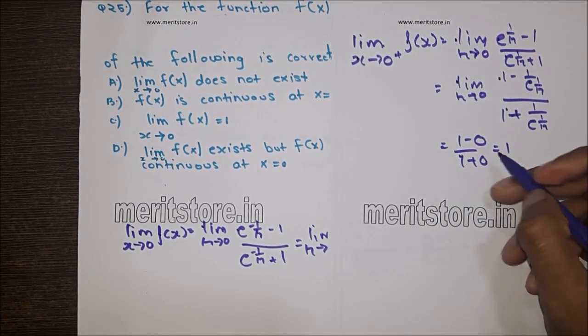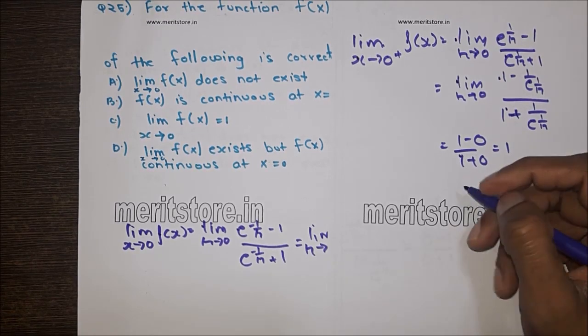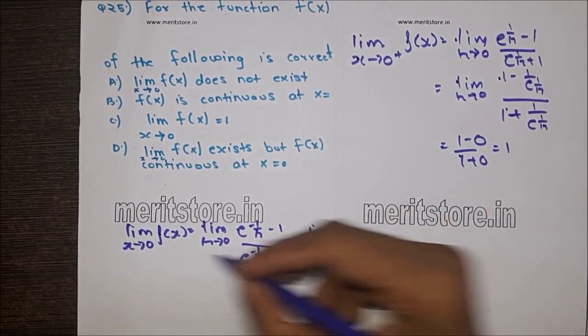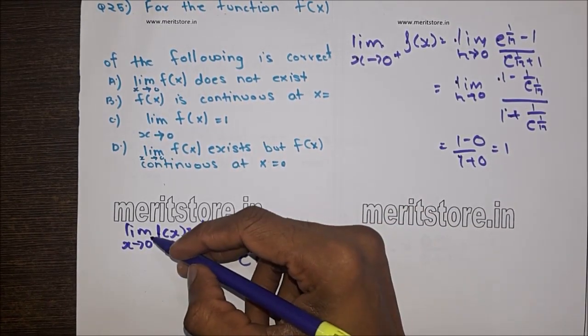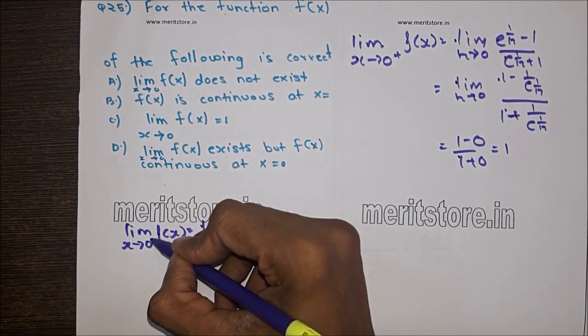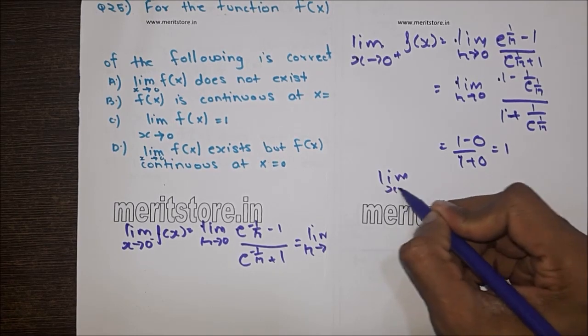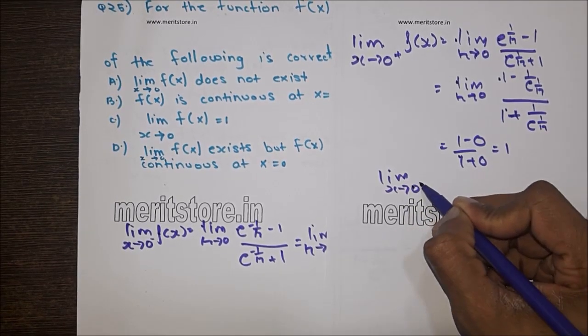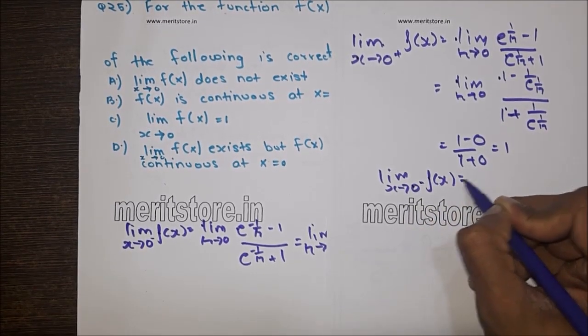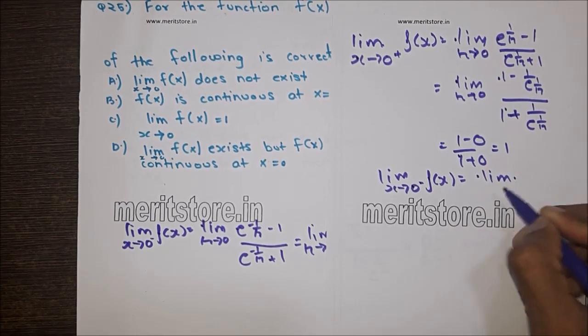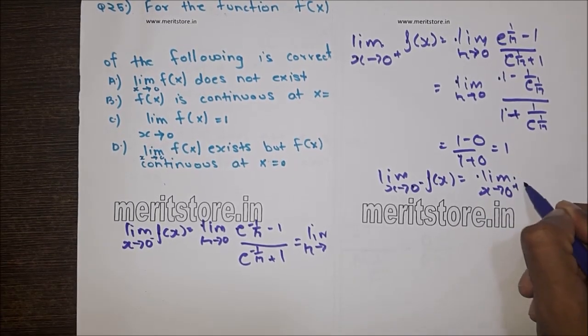Therefore, we see that the limit of f(x) as x approaches 0 from the left hand side is equal to the limit as x approaches 0 from the right hand side.